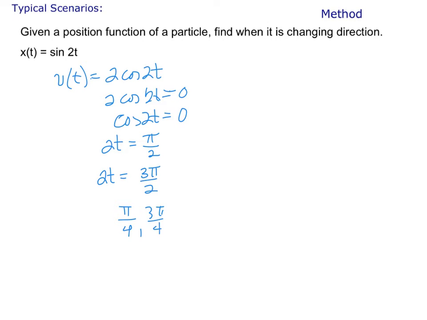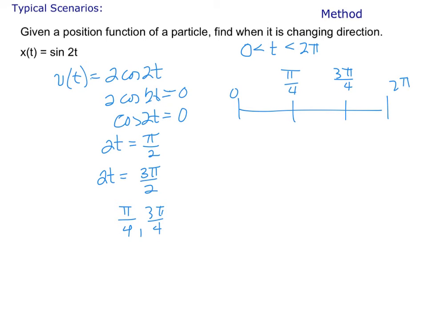And then we need to check the domain. The domain of this is from 0 to 2 pi, because t is time, but it's in radians. Now I just need to check, do the signs change on either side of these? It goes from 0 to 2 pi.